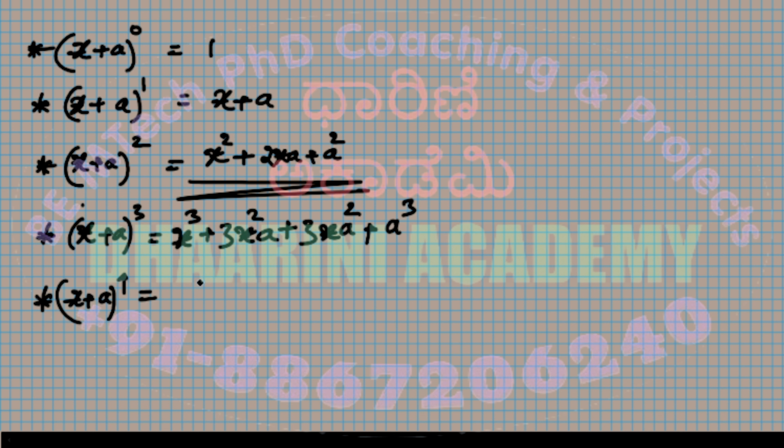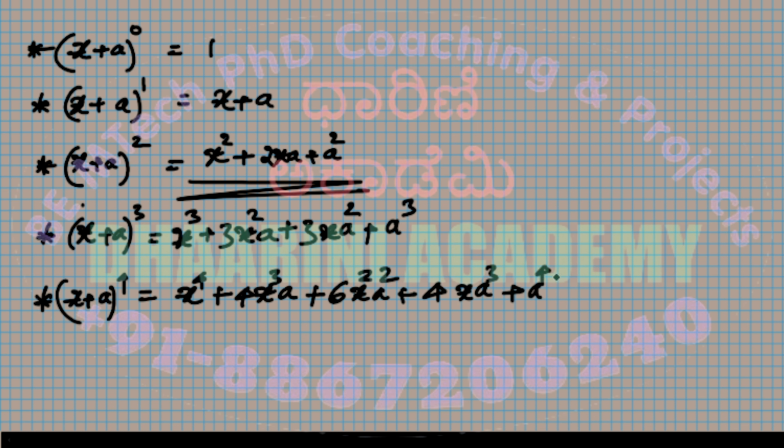So this is equal to x to the power 4, plus 4x cube a, correct, plus 6x square a square, right, plus 4x a cube, plus a to the power 4.